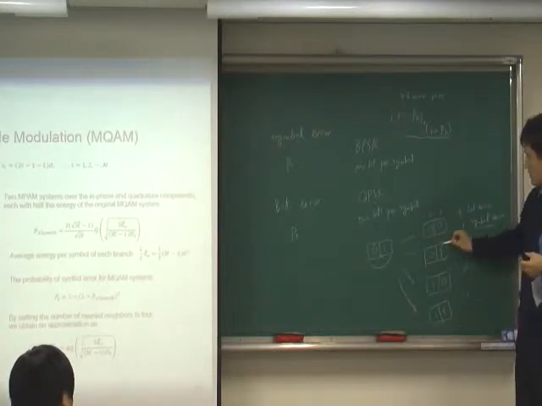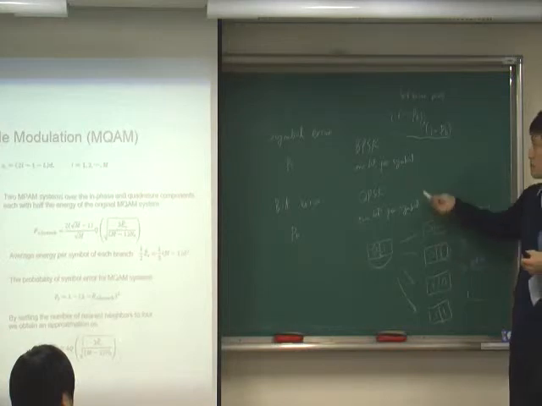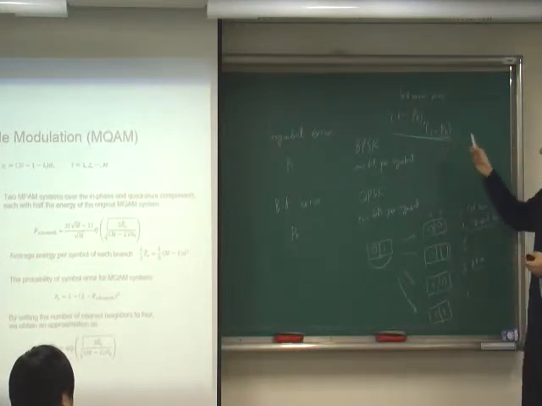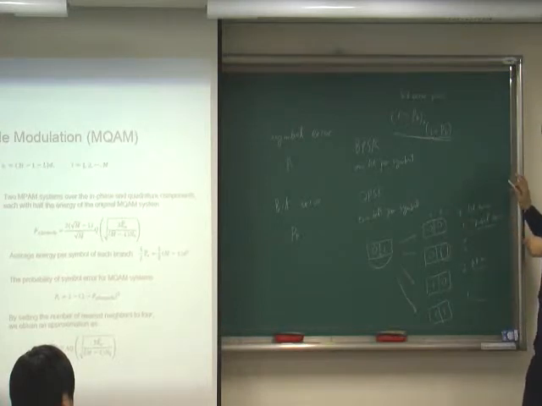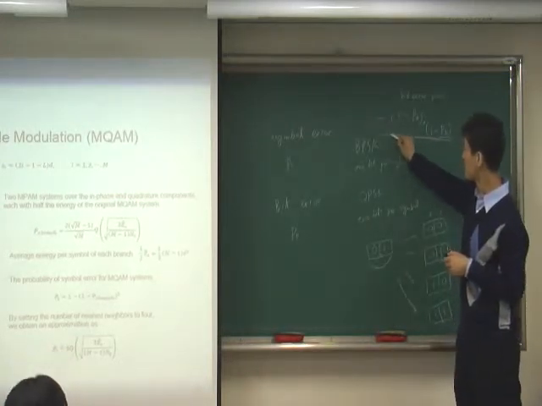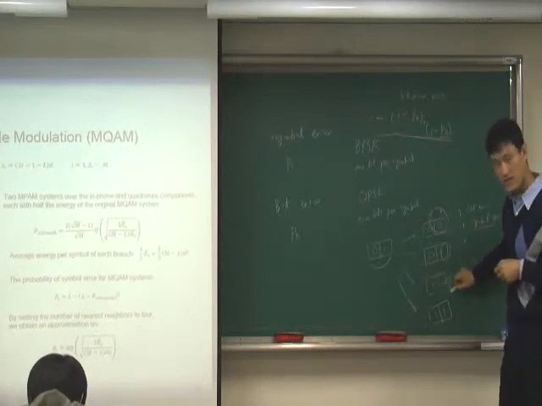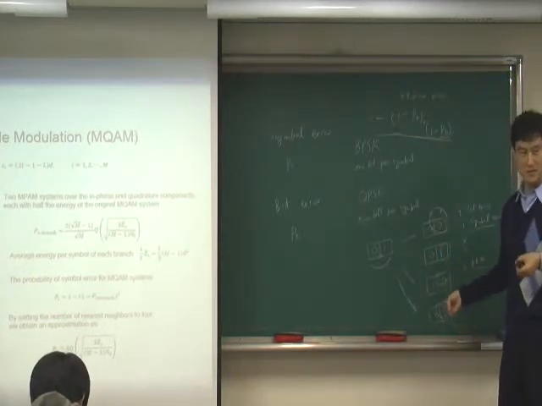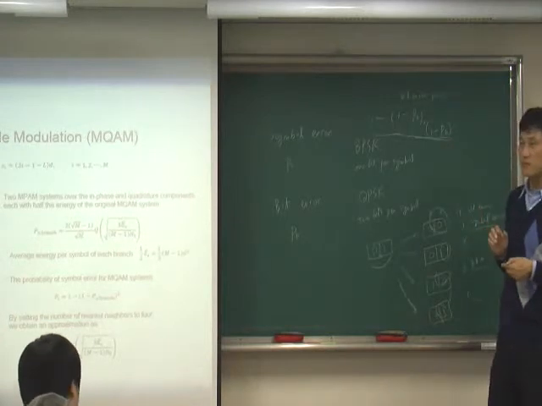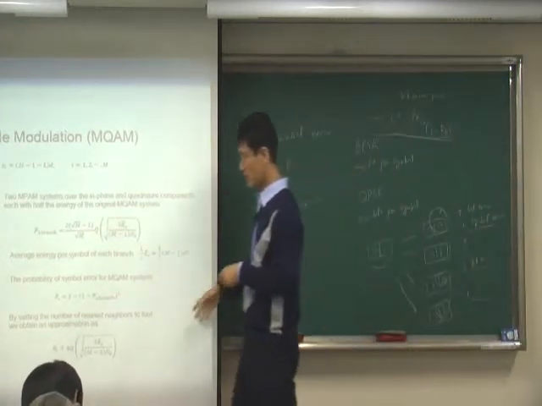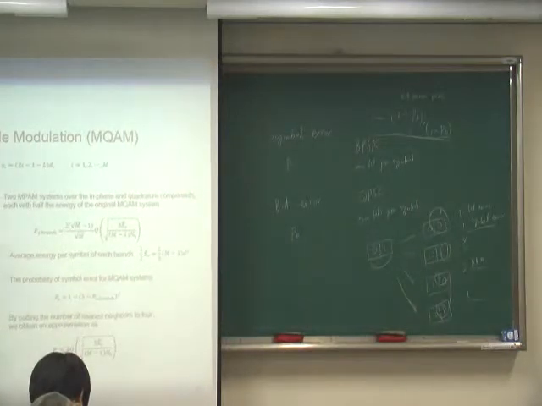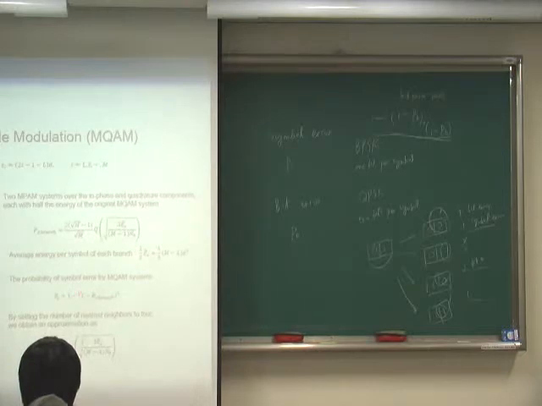That's the probability of this case: first bit is correct, second bit is correct. And if you take 1 minus that, that means all the other cases, which is the symbol error case. That's what you see here in this slide. So symbol error probability can be simply given as 1 minus (1 minus bit error rate) squared.